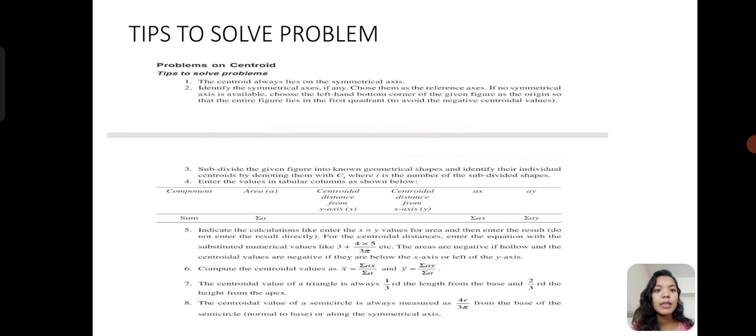The fifth tip is to indicate the calculations. Enter the x into y values for area and then enter the results. Do not enter the results directly.